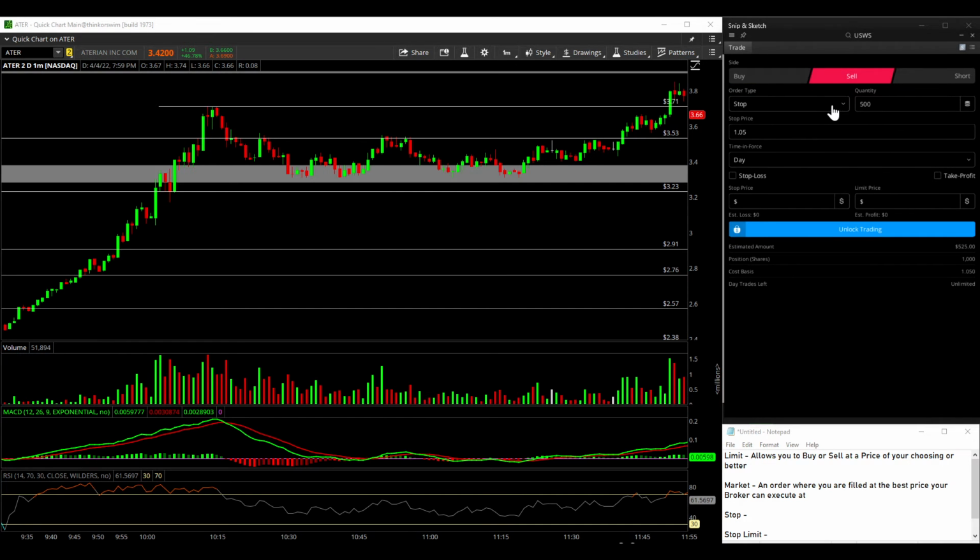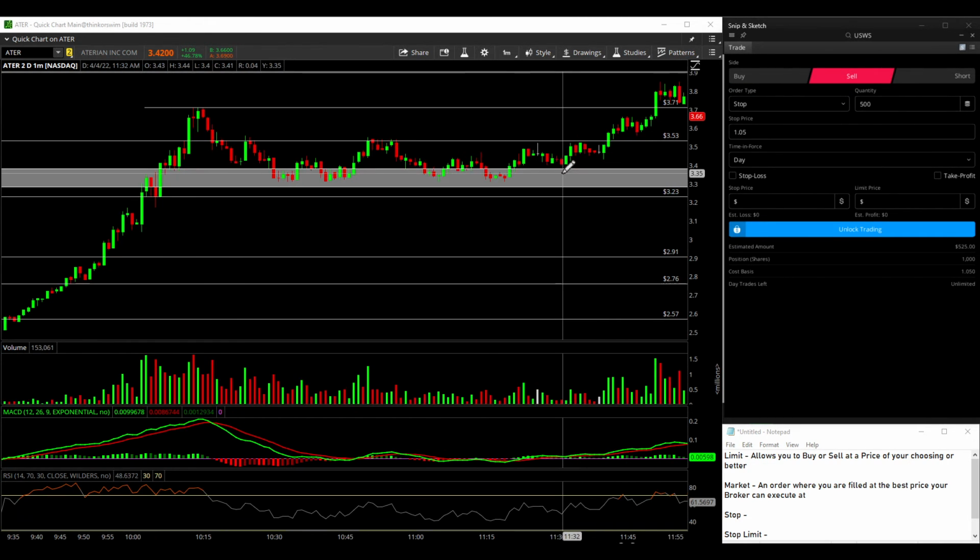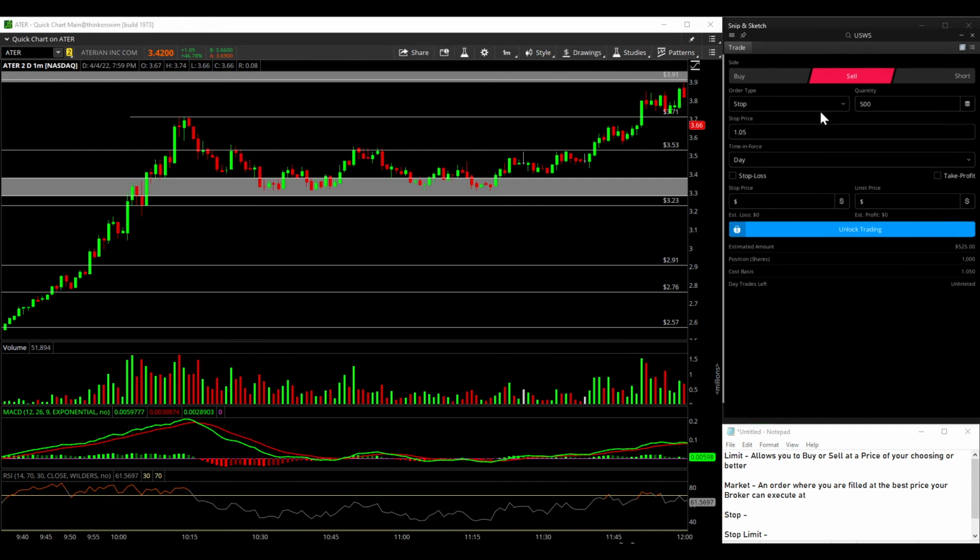Next is a stop order. These are the most common orders and the orders that I use the most. A stop order is saying that if the price hits 105, I want to sell immediately. So right here, as we said earlier, your 331 level was holding as strong support.